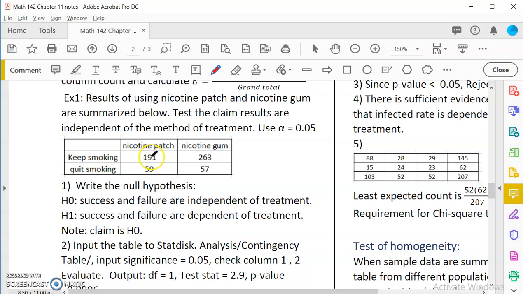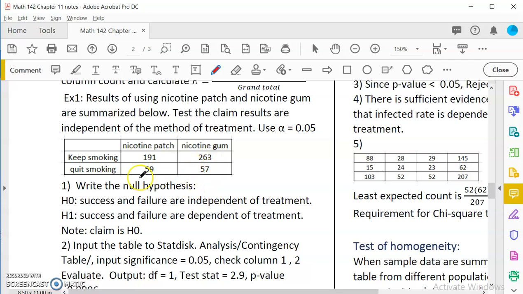Keep on smoking is 191 out of 59 for the patch, and for gum is 263 out of 57. So it seems like gum has a higher failure rate. Is that right? Because the total number for the nicotine gum seems to be higher. But is it just sampling variation that it seems to be higher, or is it actually not as good?